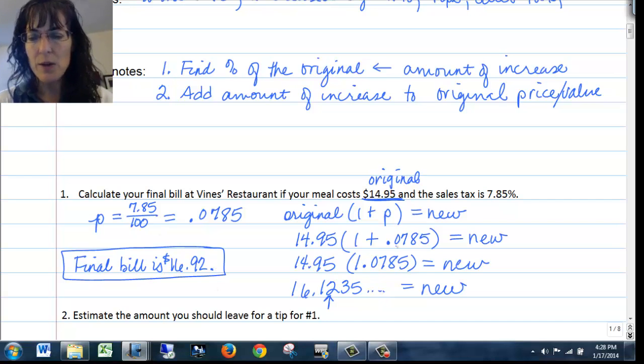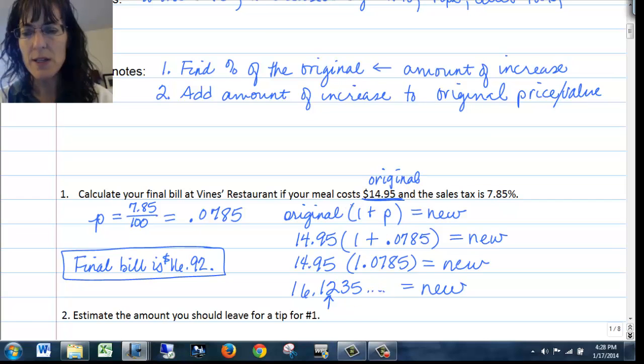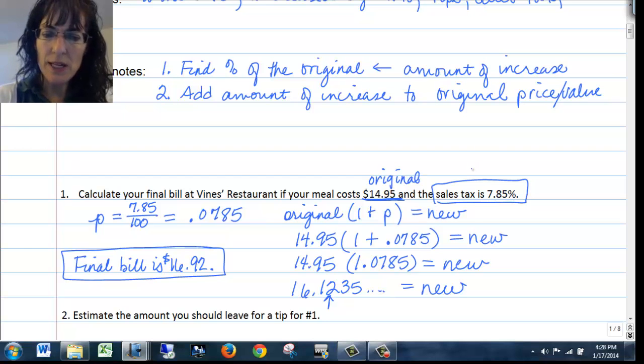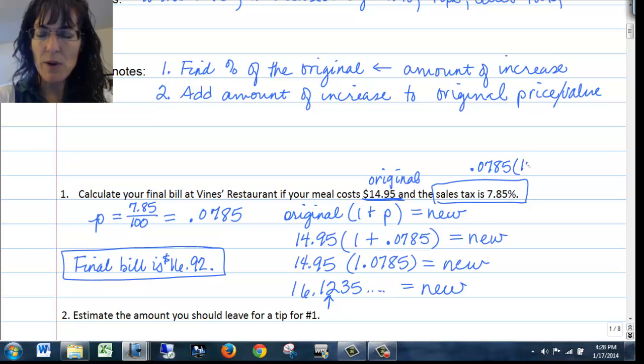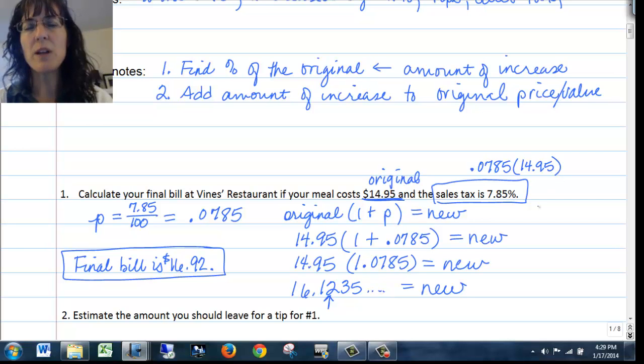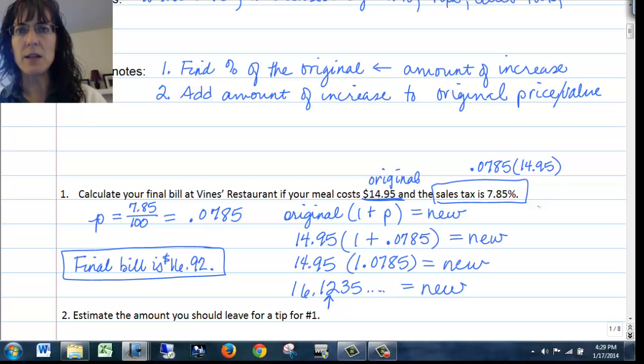Now, the things I want you to notice about this formula is that it takes the starting price and your percent for the increase, and it calculates all that, and you get your final price. So I don't know the amount of increase because I used this formula. So if I want to know the amount of sales tax, then I would need to take that decimal form, my p, so 0.0785, times my 14.95, and that would give me the exact amount of tax that I was going to pay.